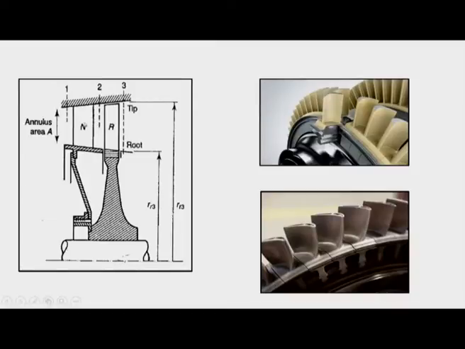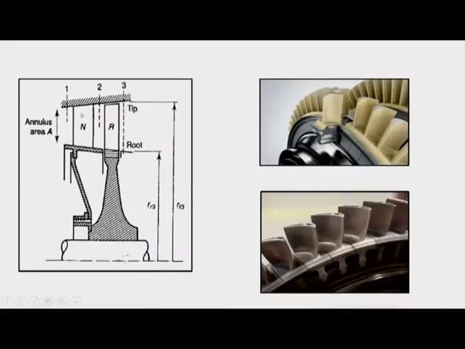It is exactly opposite to the compressor. In a compressor, one stage was comprised of a rotor and a stator, but the rotor was upstream and the stator downstream. In a turbine, the nozzle is upstream and the rotor is downstream.